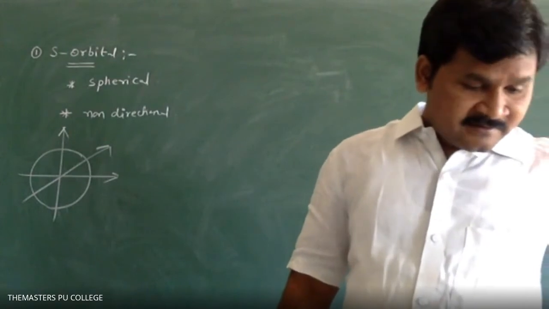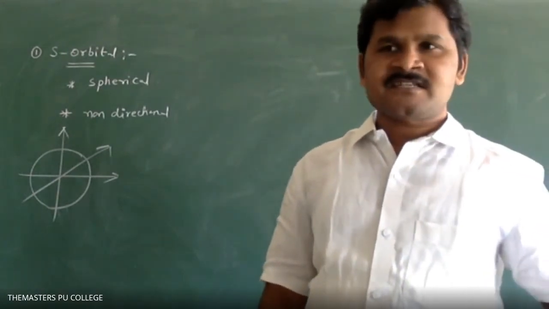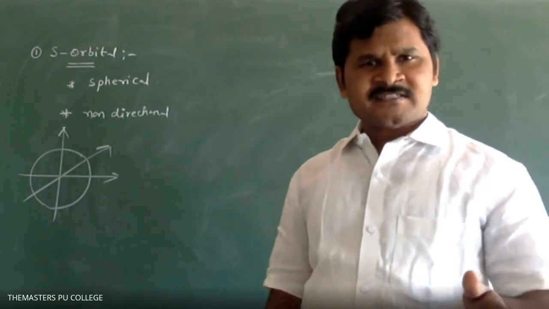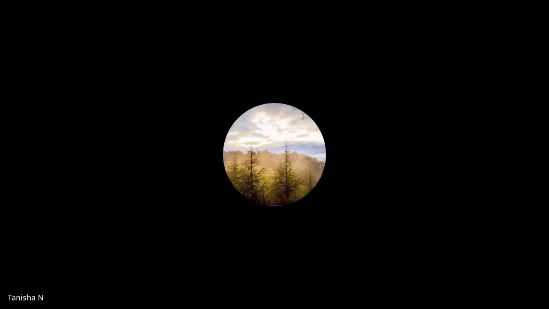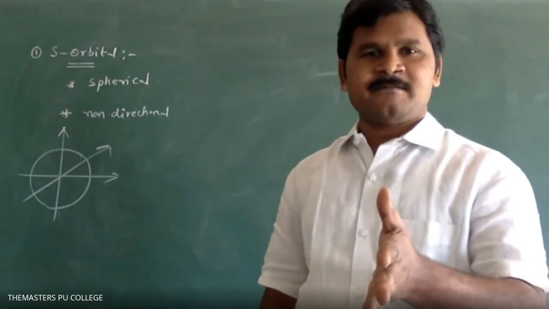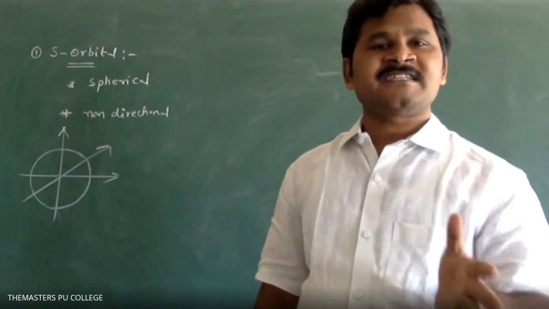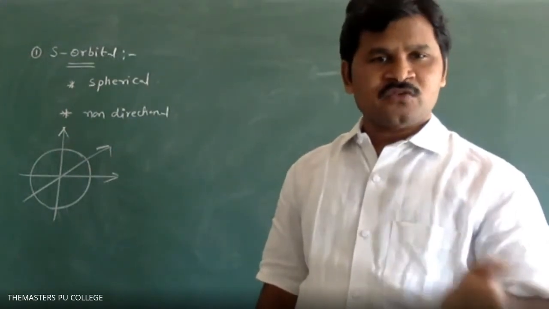Children, my question is, different s orbitals we have now: 1s, 2s, 3s, 4s. What are these numbers? Shell number, principal quantum number. If s orbitals are present in the first shell, they are called 1s orbital. S orbitals present in the second shell are 2s orbitals.